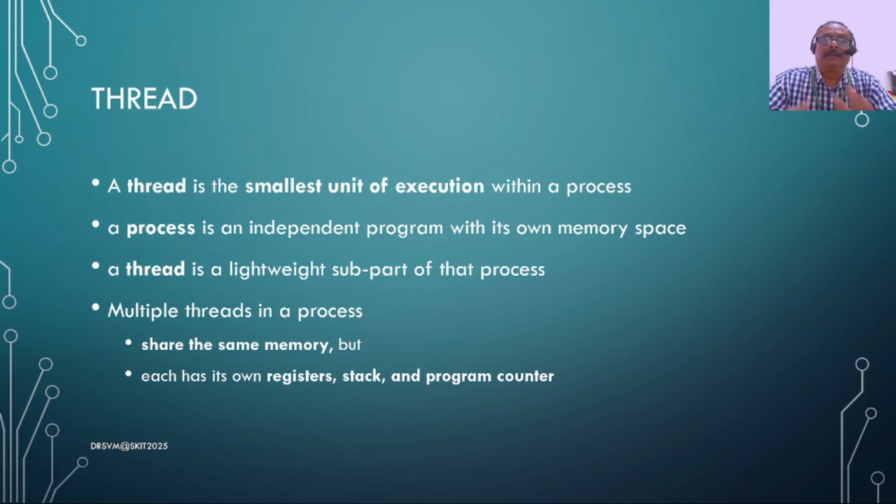We need a separate stack for each one because each part of the code may be using the stack, so we don't want to disturb one thread with another thread. And we want to know what was the last instruction executed by a particular thread and what will be the next instruction to be executed if that thread is allowed to have the CPU.